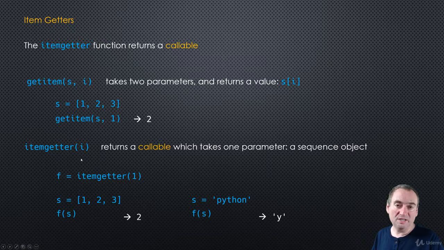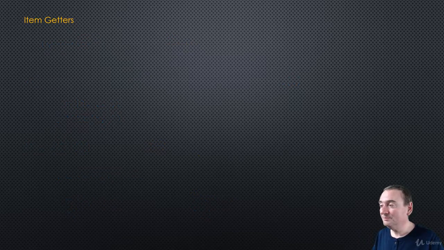Item getter only requires one argument, because it returns a callable, it returns a function. And now you can pass that in maybe to something that requests a function that only takes a single parameter. It's the same reason why we had partial functions. The same thing might be happening here. We'll get to some examples later on in the code video and also throughout the course.